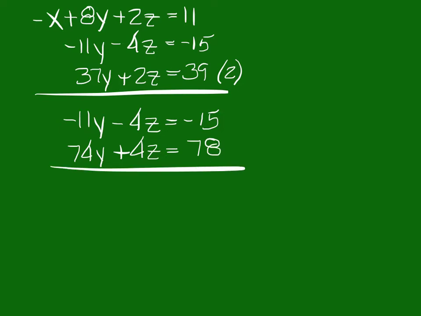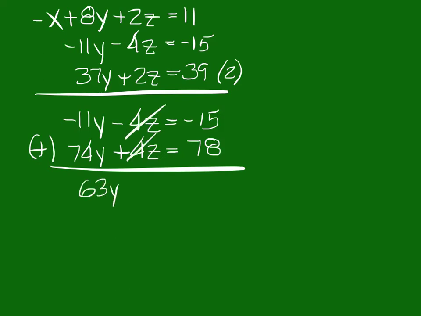And since we have a negative 4z and a positive 4z, what operation do we do to get them to cancel to 0? Addition, yes. We'll add. And the first thing here is negative 11 plus 74. Negative 11 plus 74 is 63.